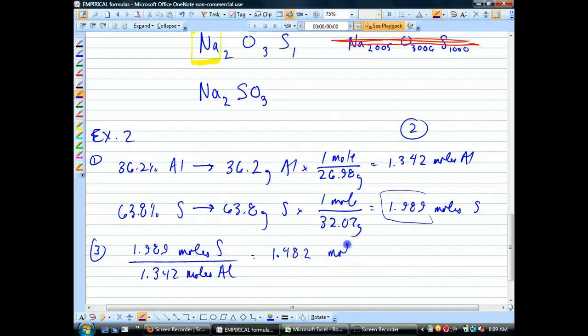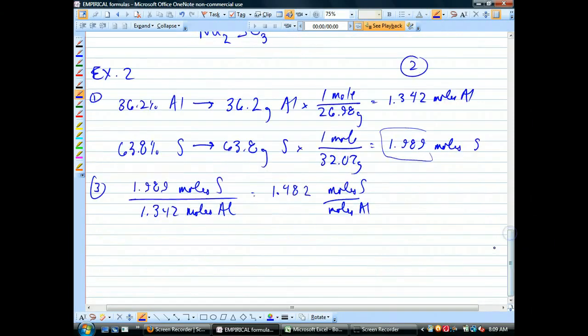Now this is moles of sulfur to moles of aluminum. And in this case, I'm thinking, well, maybe I need to round that down to 1, but which is more likely, that I made an error of 50% or that I made an error of 2/100ths here, right?